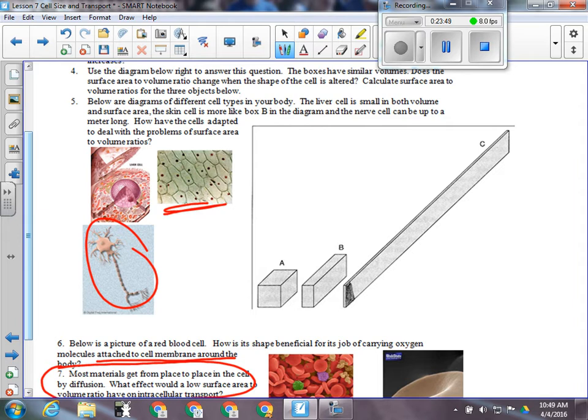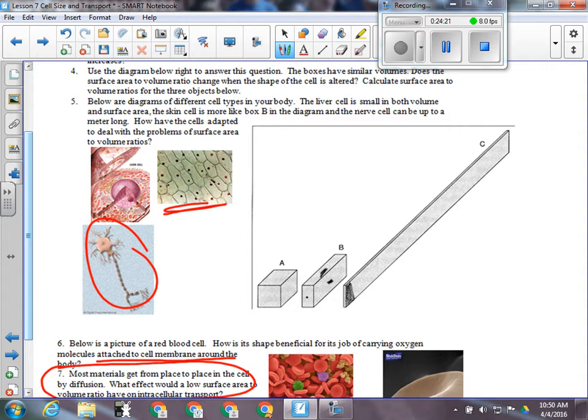It doesn't really look like a cube, but that's because I accidentally stretched the picture. It's supposed to be a cube. B is most obviously not a cube. Same with C. To calculate the surface area of B, I need to find the surface area of this side, and multiply that by 2, because the back would be the same. Find the surface area of this side, multiply it by 2, because over here would be the same. Find the surface area of the top, multiply it by 2, because the bottom is the same. Add those numbers together. That'll be the surface area of B.